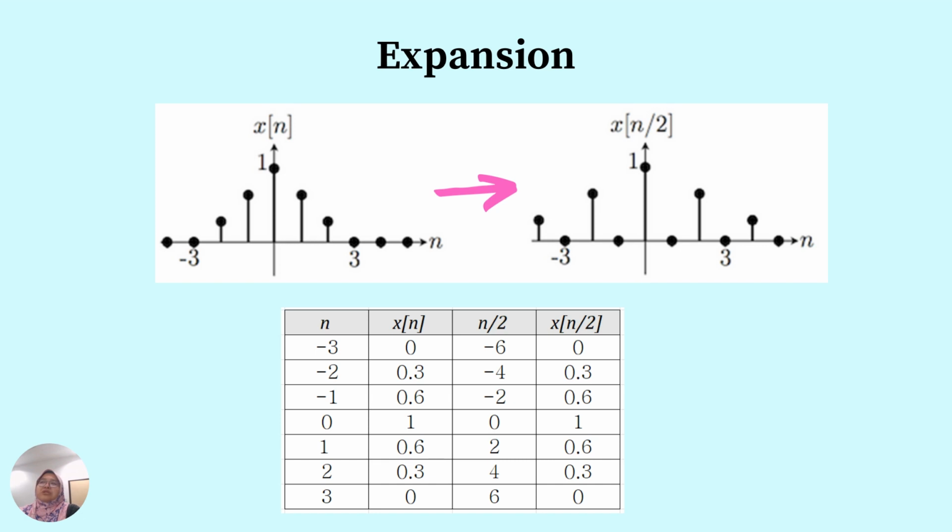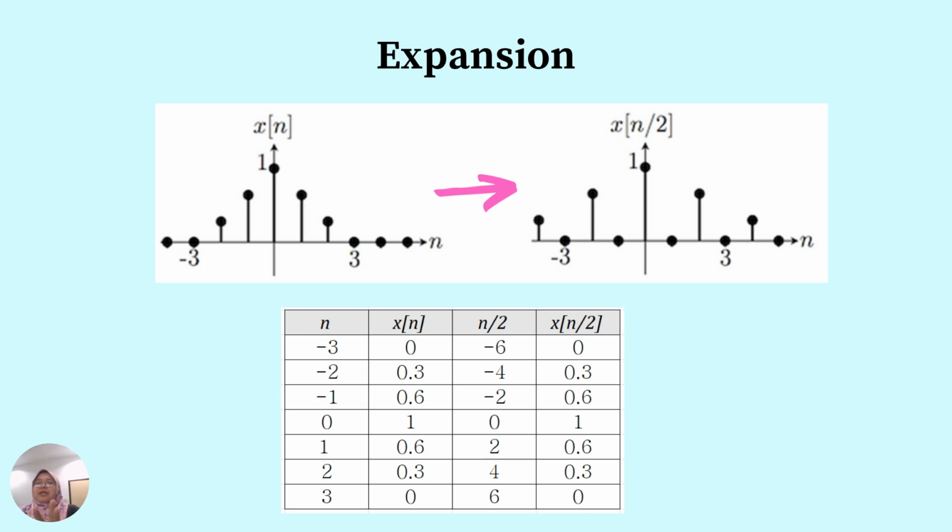For expansion, it means that we are zooming into your signal, or we are making it bigger. In this example, x[n], we are going to expand it to x[n/2]. The process is again similar. You list out all the n's with the amplitudes in the table.